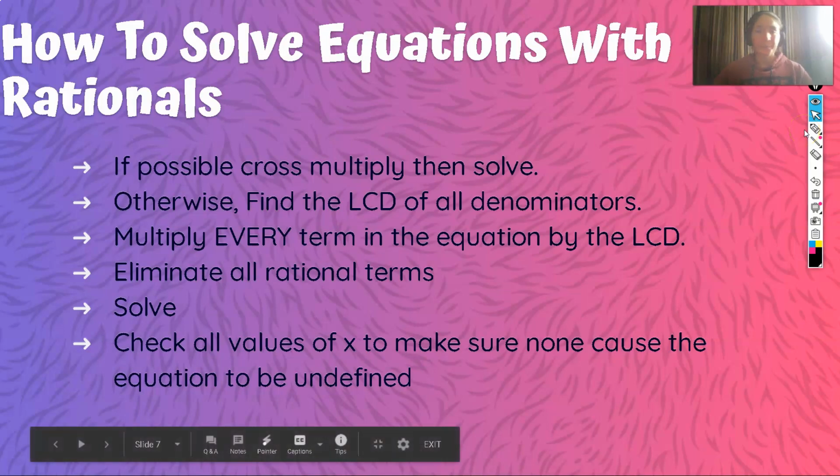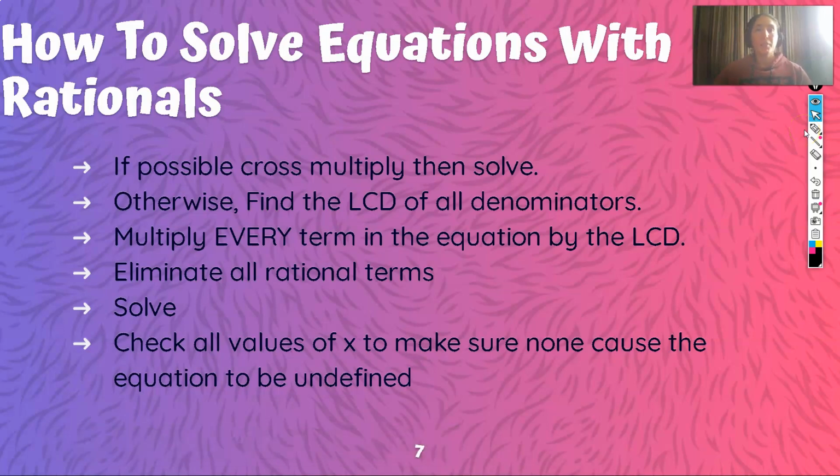Alright, so let's review. When you see a rational equation, first thing to look for: can I cross multiply? Is that available? Do I have one rational equal to one rational? If yes, do it because it makes your life really easy. If not, then we need to find the LCD of all the denominators, and if you need a review on that, go back to the find the LCD video.